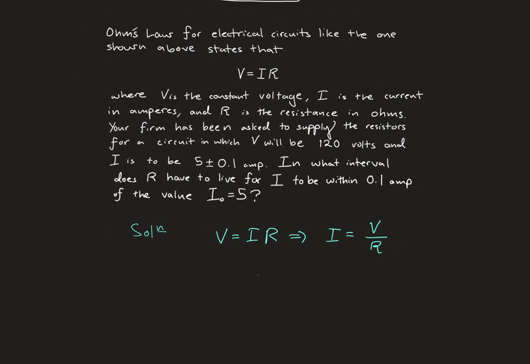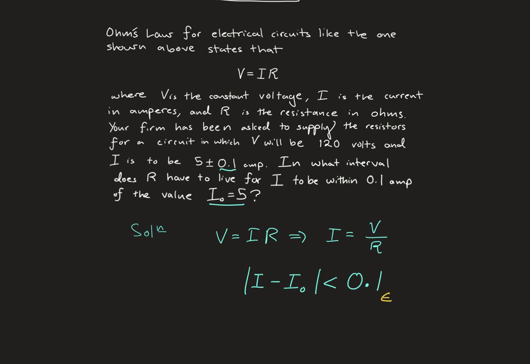And I also know that we do not want to allow I to vary away from I initial by 0.1, okay? So we know what I initial is, and the 0.1 is our epsilon. In fact, I'm going to write that. What was the color I usually use for epsilon?